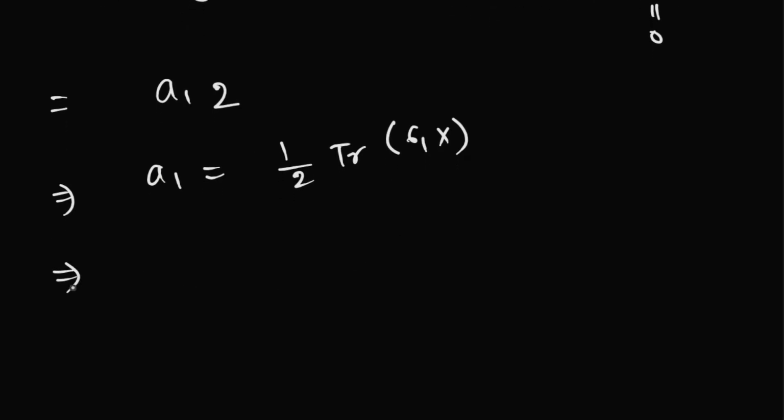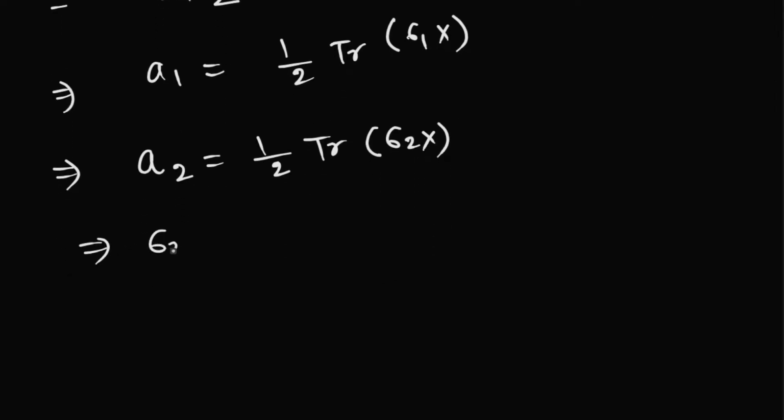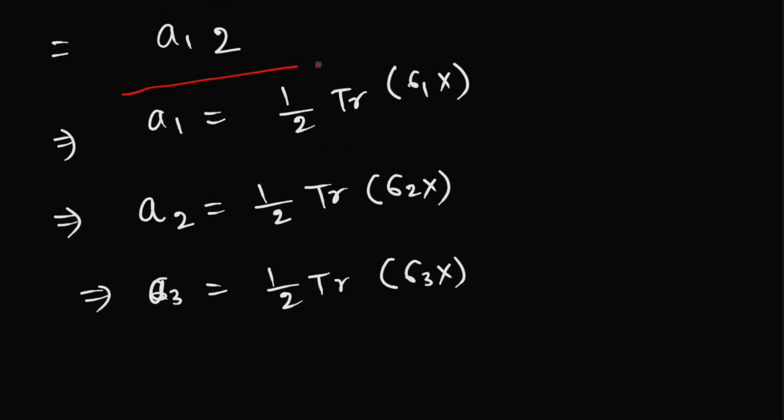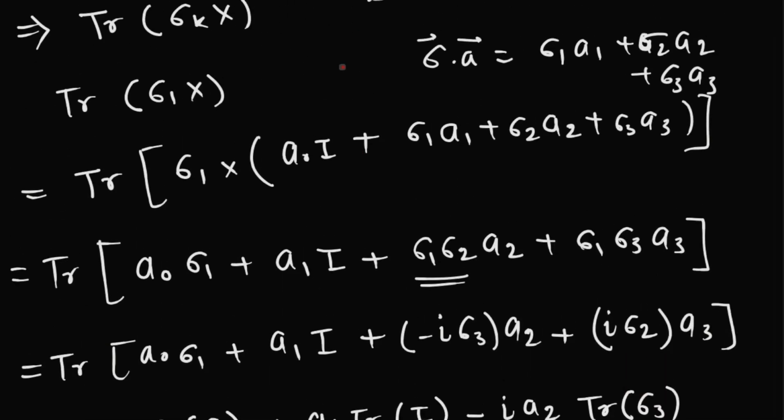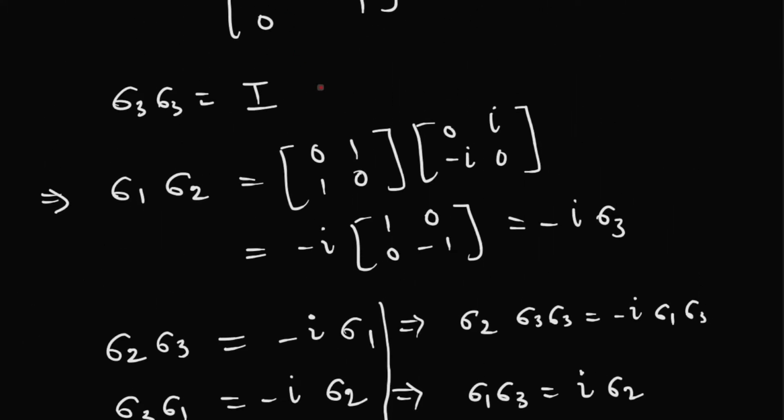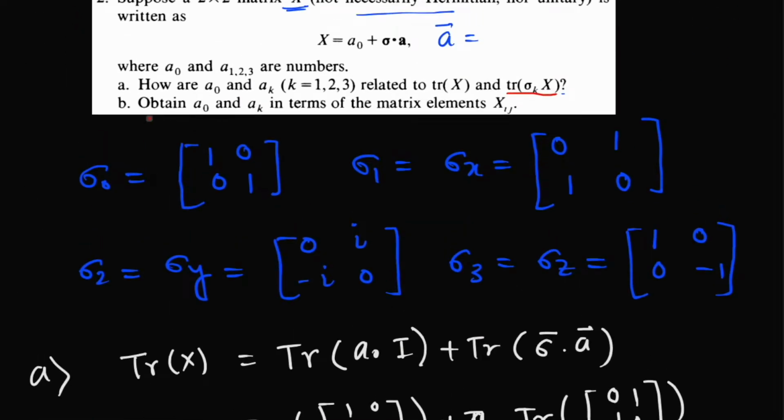Similarly, we can calculate that a2 equals half of trace of sigma 2 x and a3 equals half of trace of sigma 3 x. So these three relations that we are asked in the question, hence we solved the first part of the problem. Now let us see the second part of the problem.